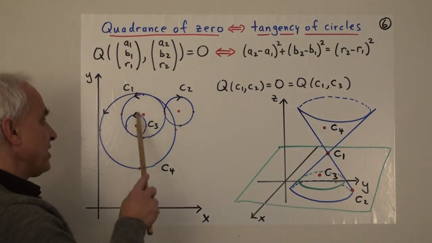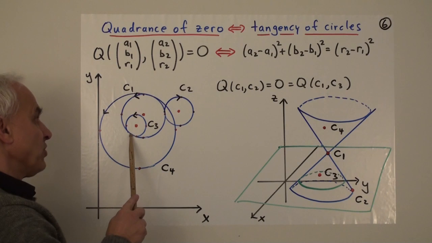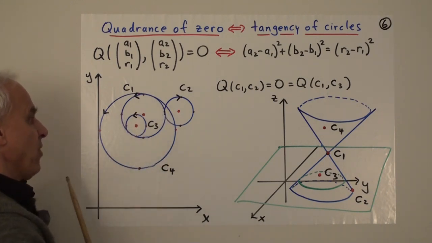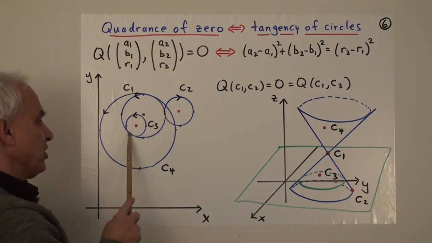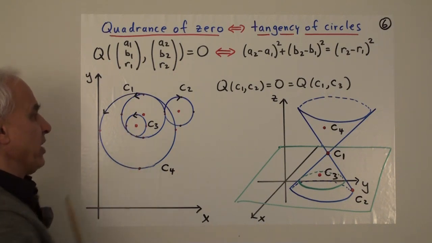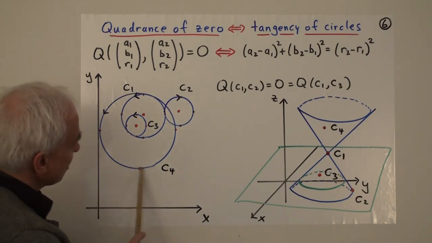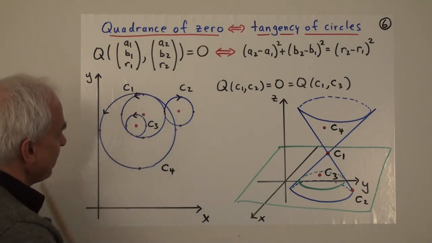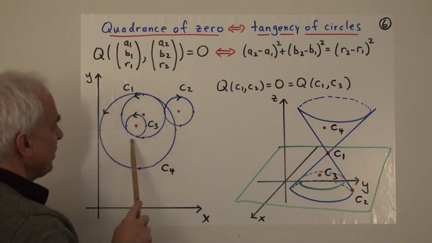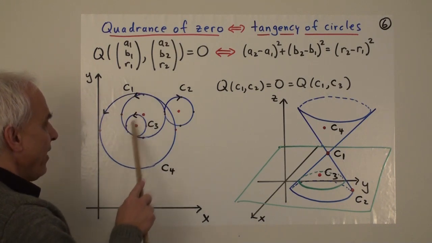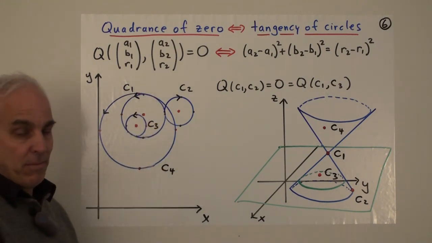Similarly, this circle C3 going this way is also tangent to this circle C1. Here the point of tangency is there, and they're both going in the same direction. Another example of a kind of tangency is this bigger circle C4, oriented this way, which is also tangent to C1 at this point here, where they meet.